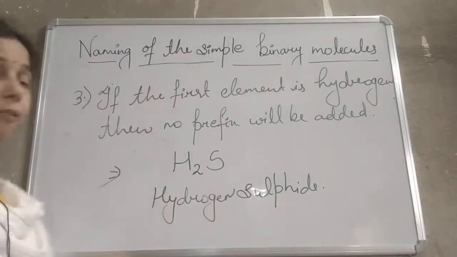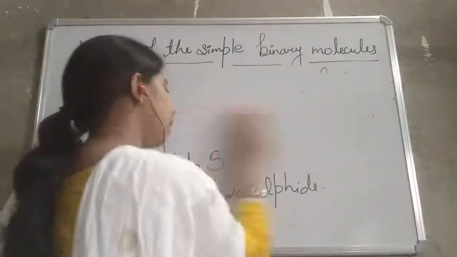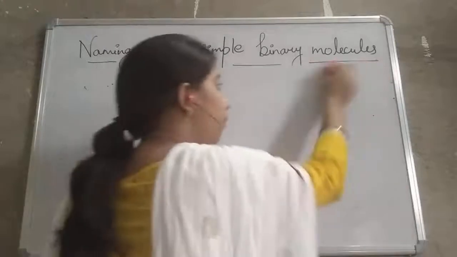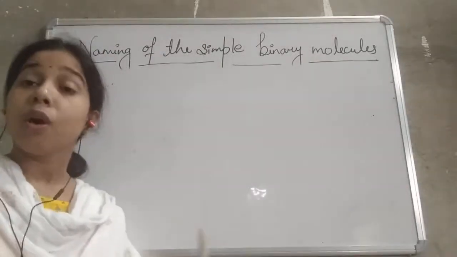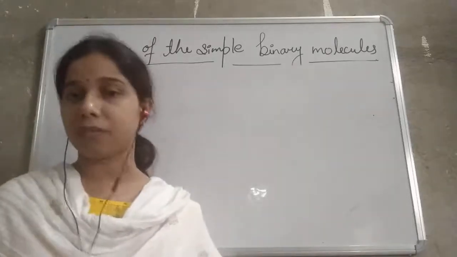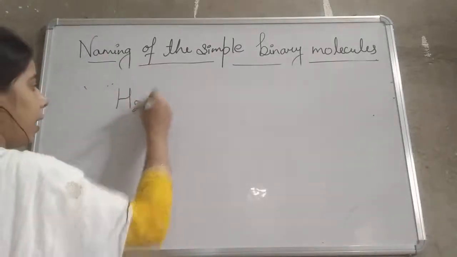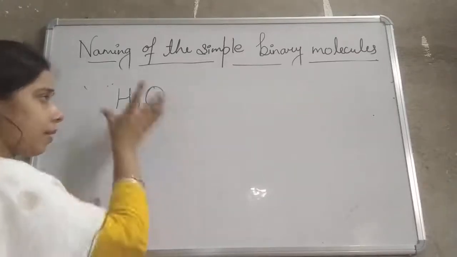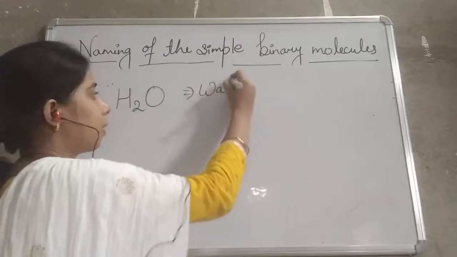Now if we see the fourth point, students, in the naming of simple molecular compounds, most of the time we will use the common name instead of the scientific name. For example, if H2O is there, you will always understand H2O as water.